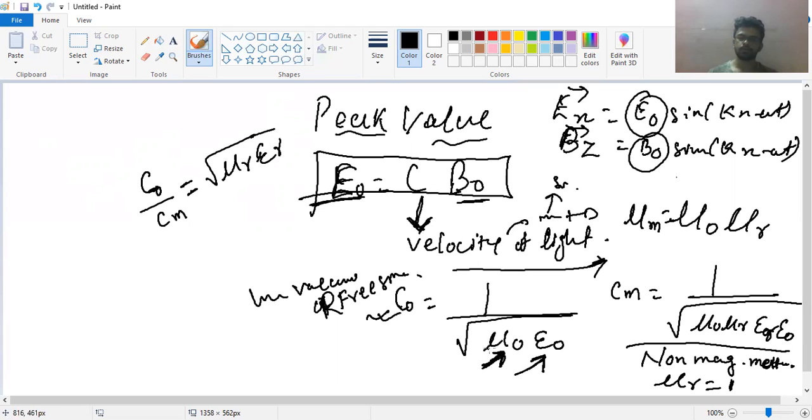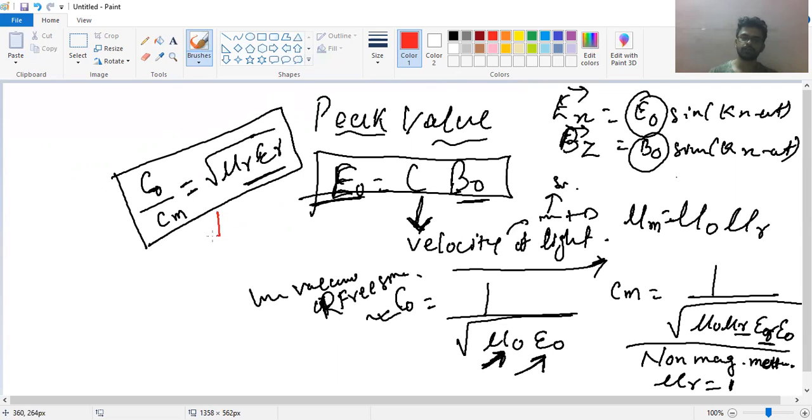Look, the mu naught and epsilon naught will cancel out, and the only remaining thing will be mu r into epsilon r. So the velocity of light in free space to the velocity of light in a medium is related by this equation. This equation is also important for you.